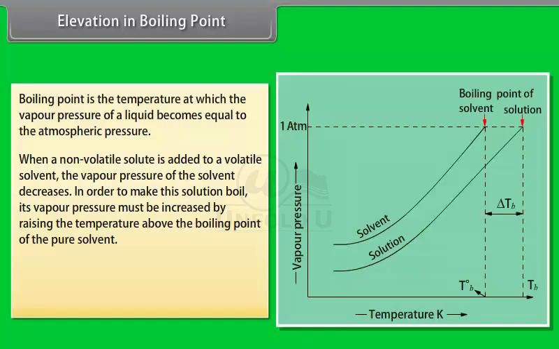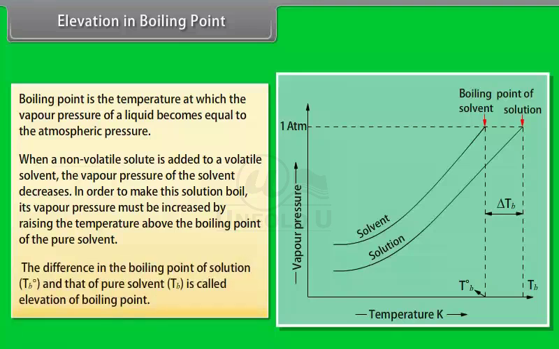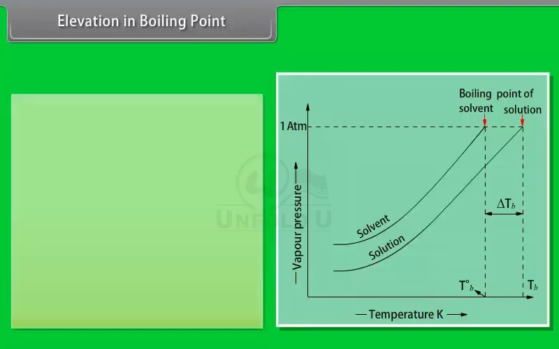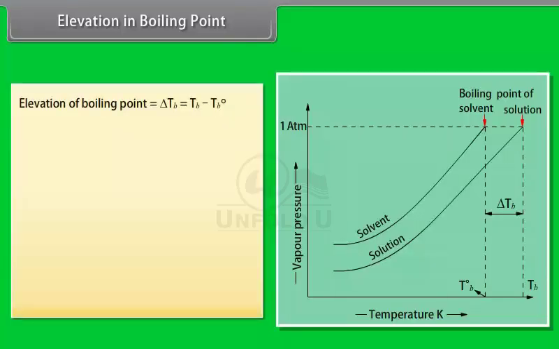In order to make this solution boil, its vapor pressure must be increased by raising the temperature above the boiling point of the pure solvent. The difference in the boiling point of solution and that of pure solvent is called elevation of boiling point. Elevation of boiling point is denoted by delta Tb, which is equal to Tb minus Tb naught.